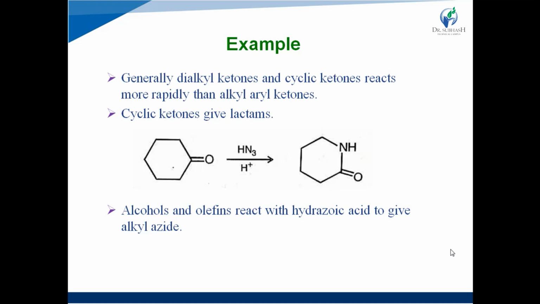So dialkyl ketones react more rapidly than alkyl aryl ketones, right? Here one example of a cyclic ketone is given, that is cyclohexanone, which undergoes the Schmidt reaction in the presence of azide or hydrazoic acid and an acid catalyst and forms lactams, that is cyclic amides, right?